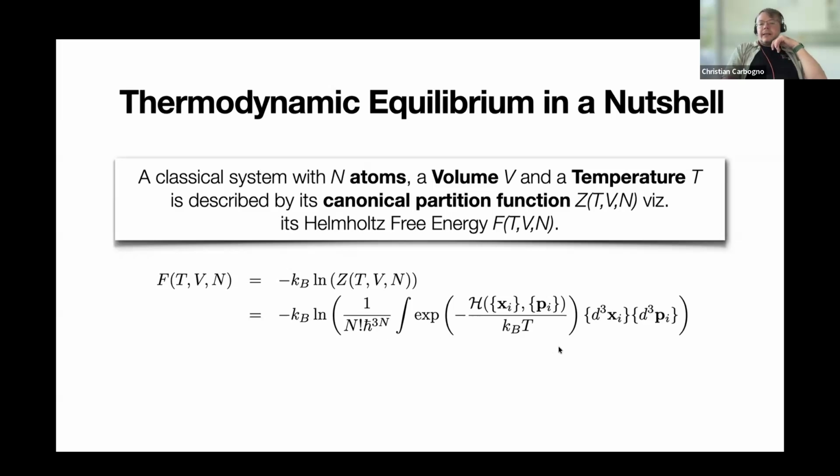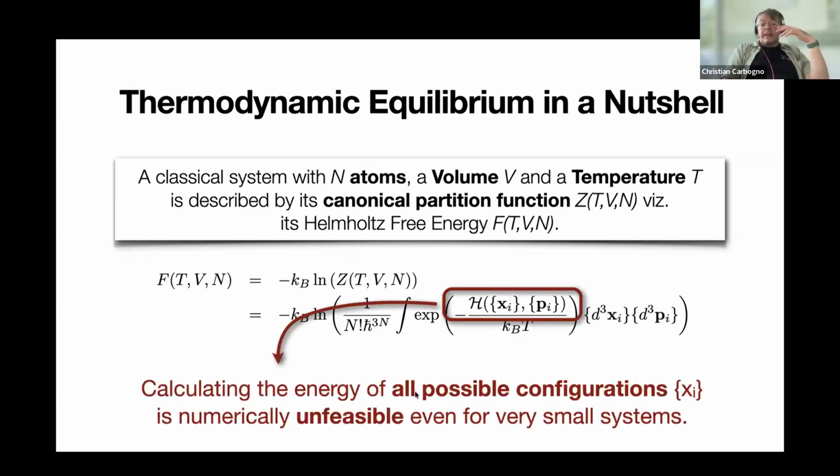And you need to calculate basically this integral over the Hamiltonian of the system, which depends on the positions and the momenta of the nuclei. Now, this is a very, very complex integral because you really would have to calculate it for all possible configurations of your system, and this becomes unfeasible very, very rapidly.